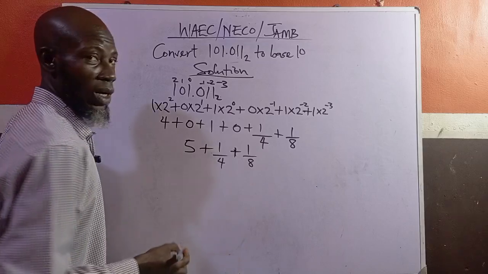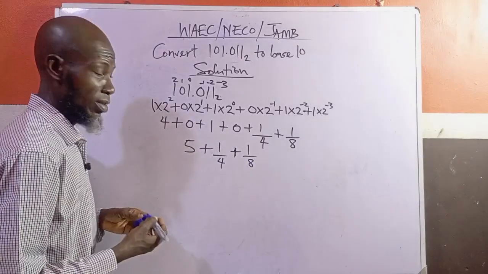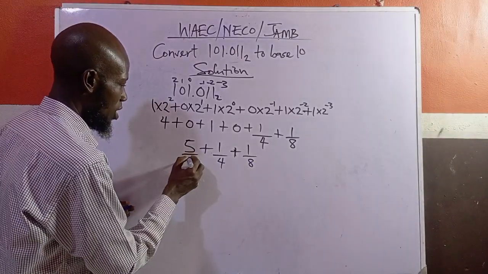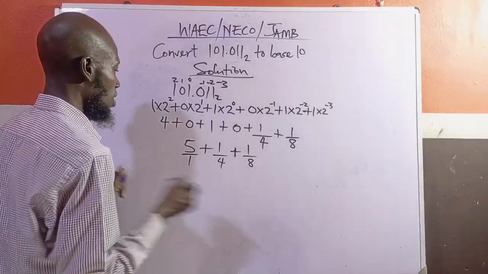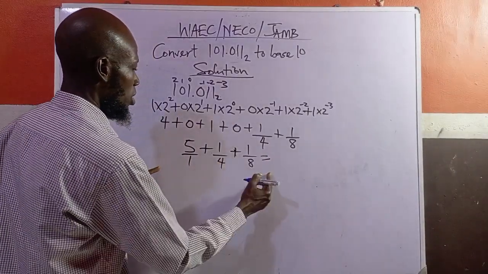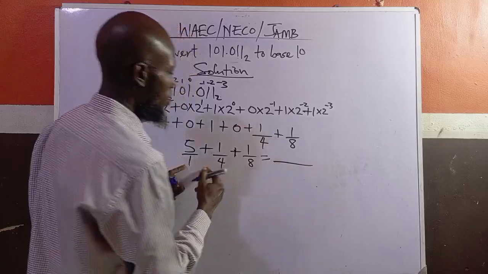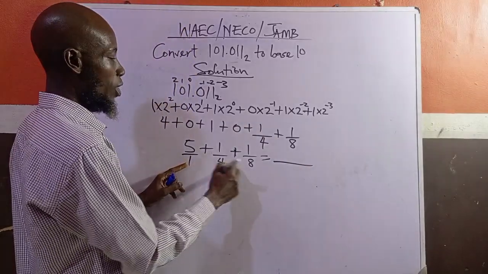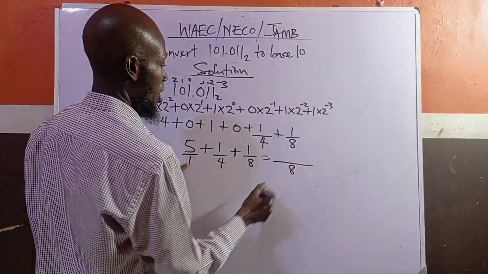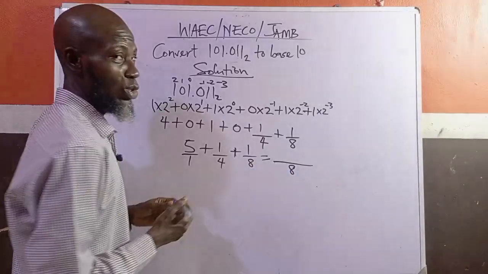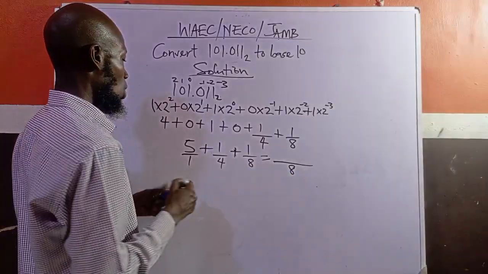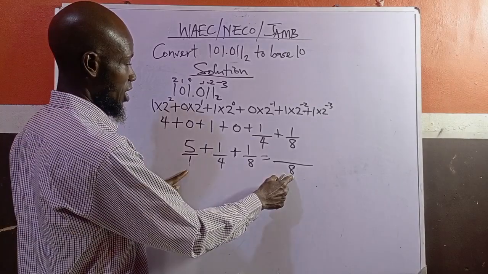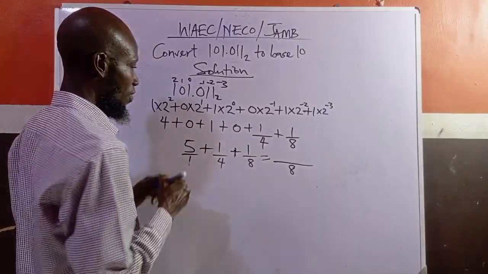Now, since we have fractions, we can rewrite this in fractional form so that we can simplify them together. The common denominator for 1, 4, 8 is 8, so the LCM is 8. So 1 in 8, that's 8, 8 times 5 is 40.